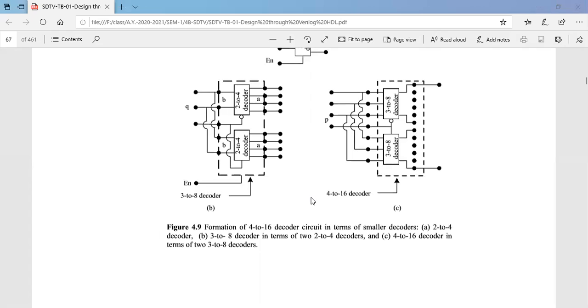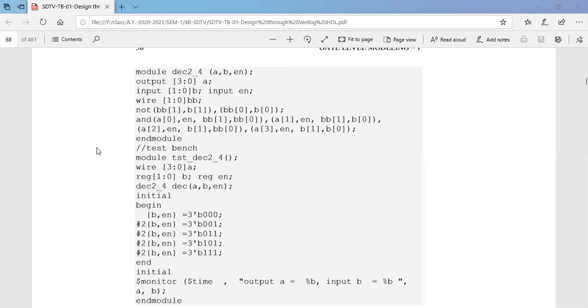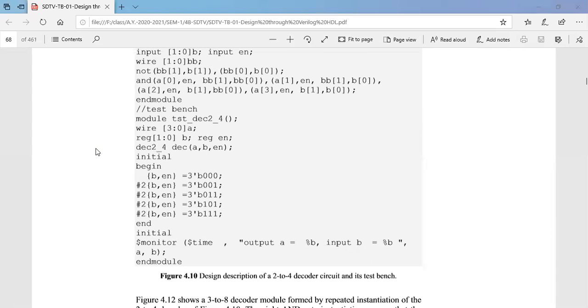So here we are using a 3 to 8 decoder to produce a 4 to 16 decoder. We take an example of our decoder, taking the help of the 2 to 4 decoder circuit and its test bench.